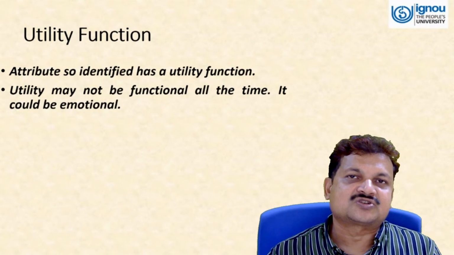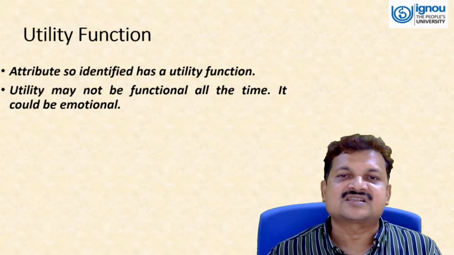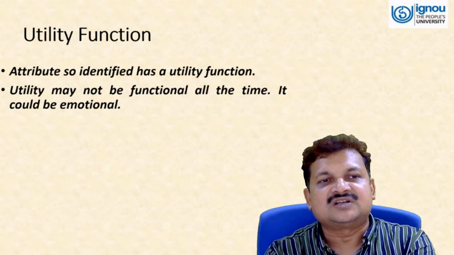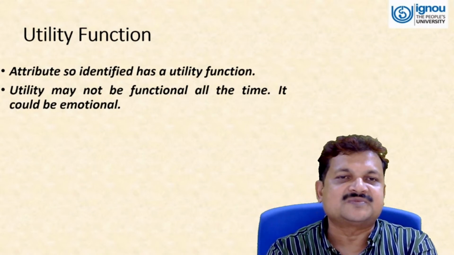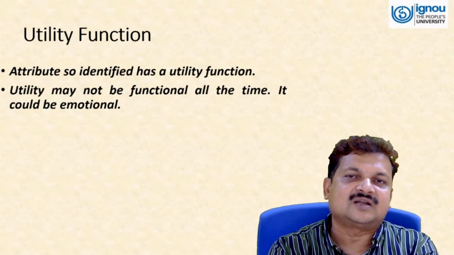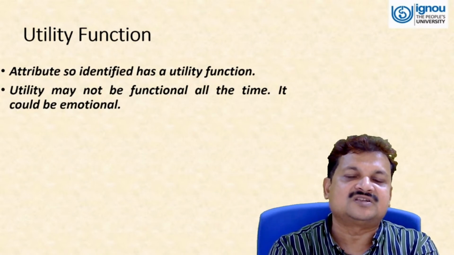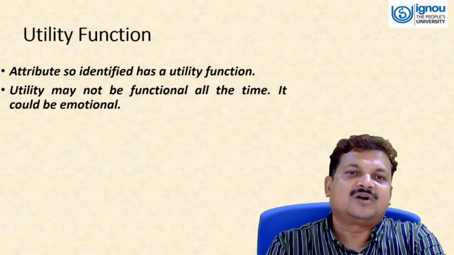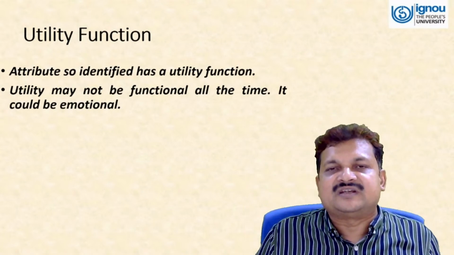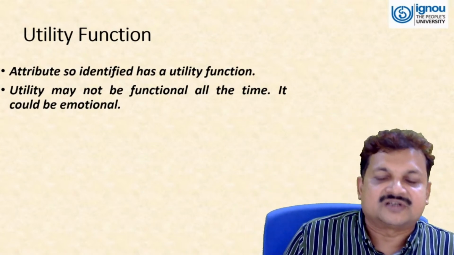But if you study how often we are using these kinds of functions with our different gadgets, it is very rare. So their utility is very low. So we are sometimes emotionally attached with the brand only because of that. That brand can give more services to me, means more number of attributes to me. But what is the utility of all those attributes if you look at it, that may be very low. So that is the kind of thing that is happening.